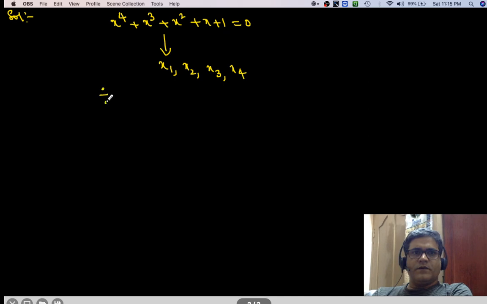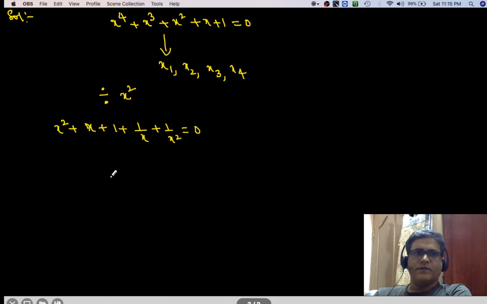Now what I do is I will divide the given equation throughout by x square. Then the given equation becomes x square plus x plus 1 plus 1 by x plus 1 by x square is equal to 0.